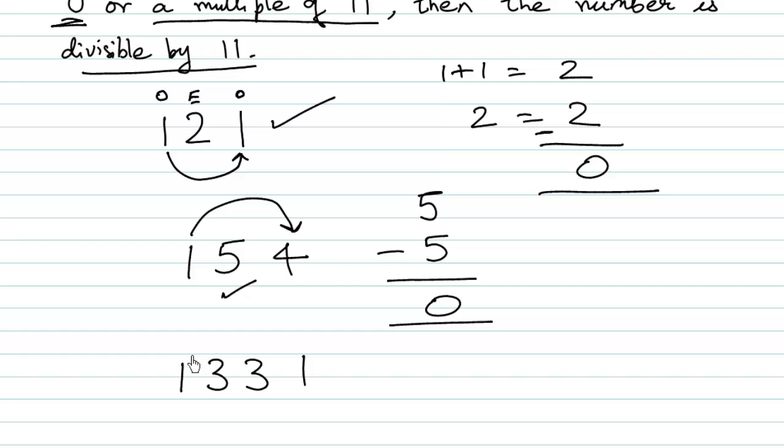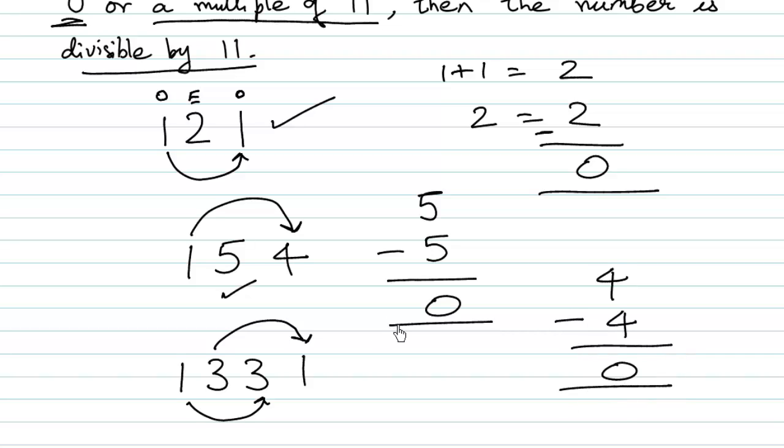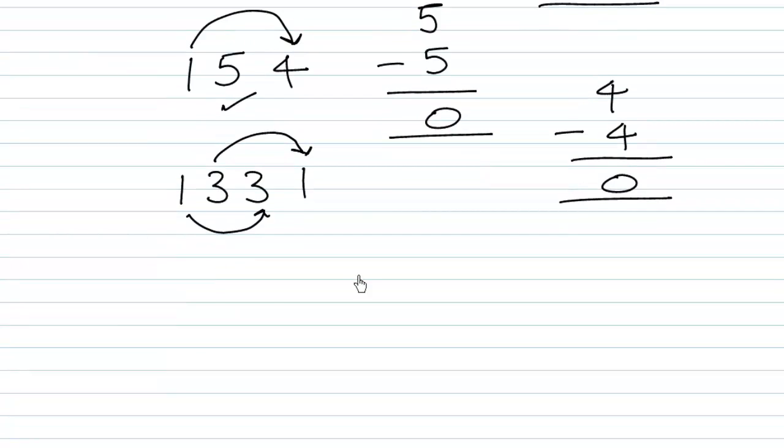So add all the odd digits together. It's 3 plus 1, which is 4, and the even digits 1 plus 3, that is also 4, and you get a 0. So if you get a 0, or if you get 11 or 22, then that number is divisible by 11.